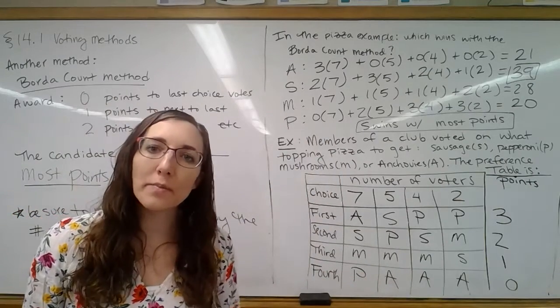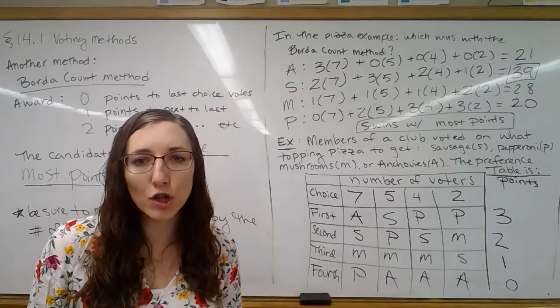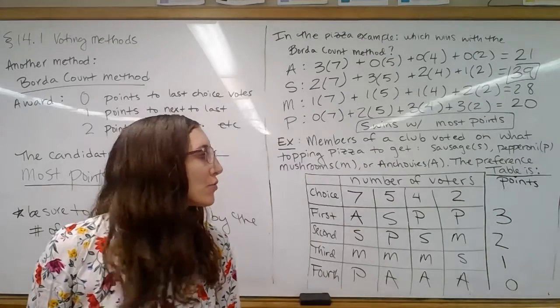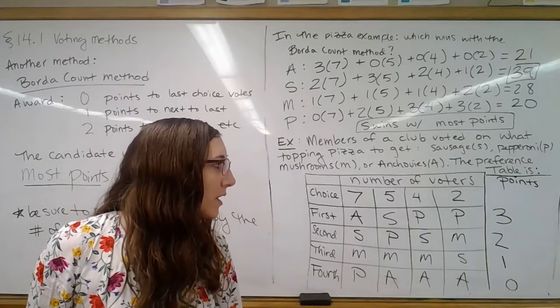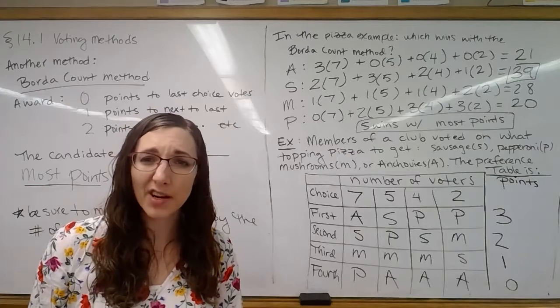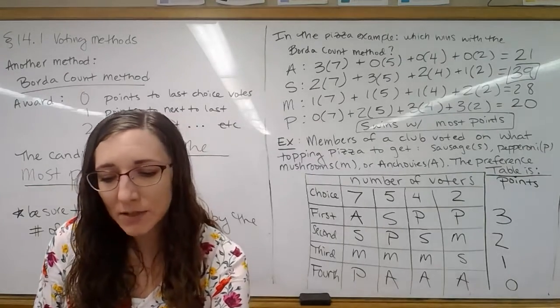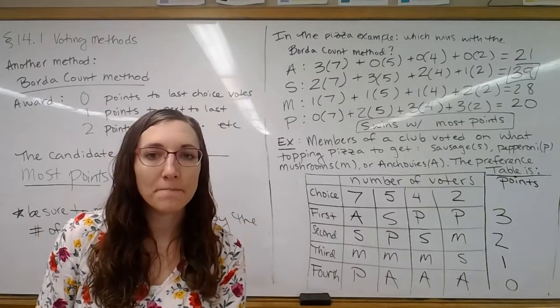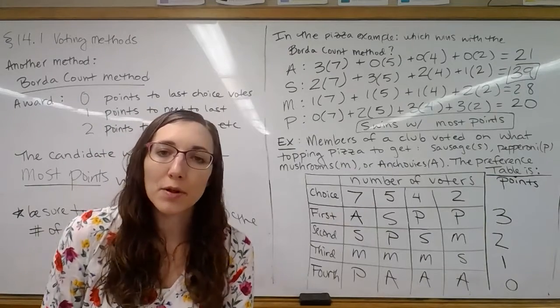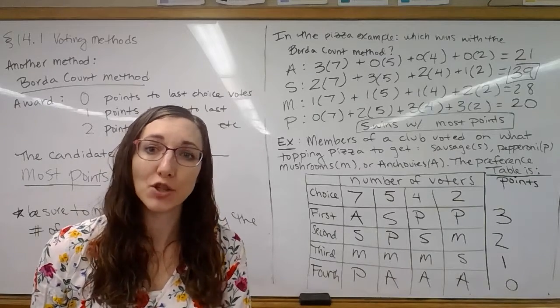So this is a cool method where it actually really takes into account the full preference ballot of the different groups of people. There are still lots of pros and cons to this method. There can be weird things that happen. For instance, with plurality with runoff and plurality, we were really interested in this idea of majority.